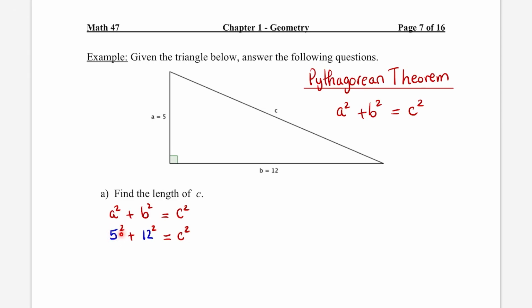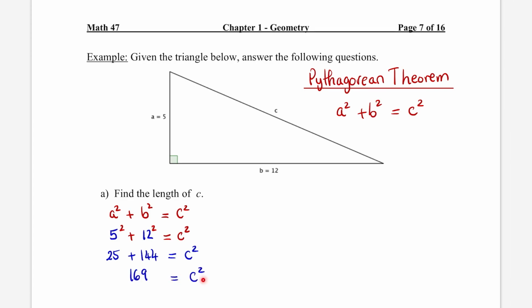5 squared is 5 times 5. Okay, so be careful here. 5 squared is not 5 times 2, it's not 10. 5 squared is 5 times 5, which is 25. 12 squared is 12 times 12, which is 144. 25 plus 144 is 169.